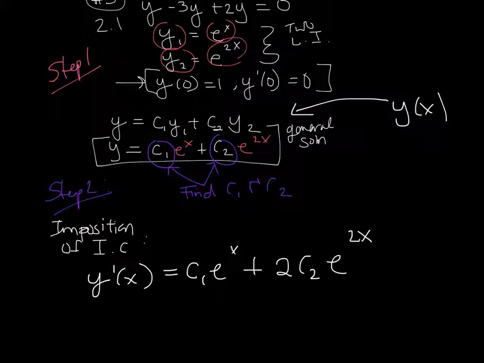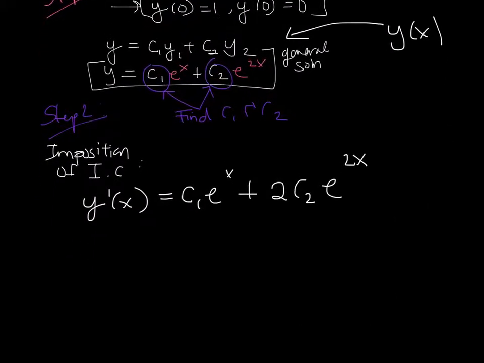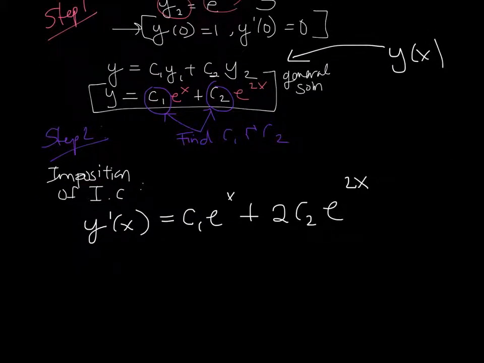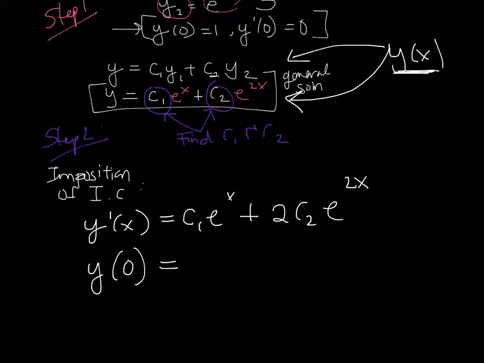Okay, so now we can impose, okay, so we have y of 0 is 1. That's y of 0, so I'm definitely using this one because there's no derivative. So we have c1 e to the 0 plus c2 e to the 2 times 0.